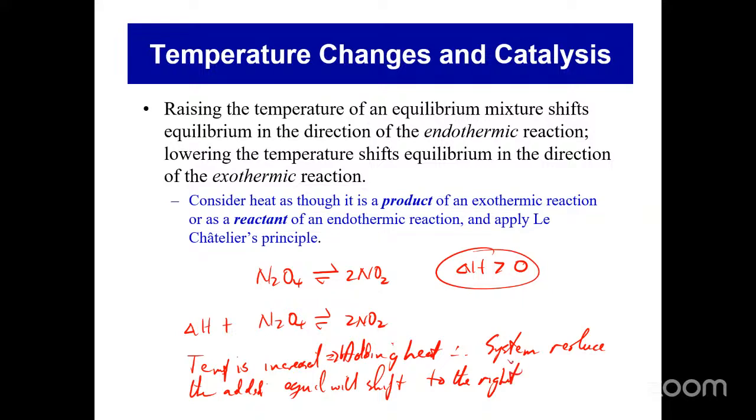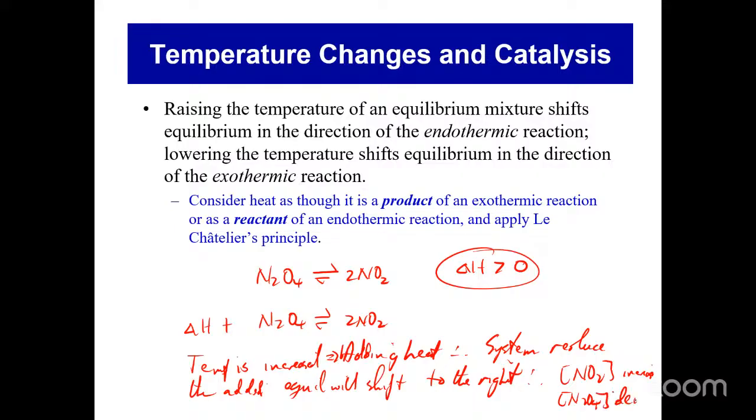All right? And therefore, the concentration of NO2 increases and the concentration of N2O4 will decrease.